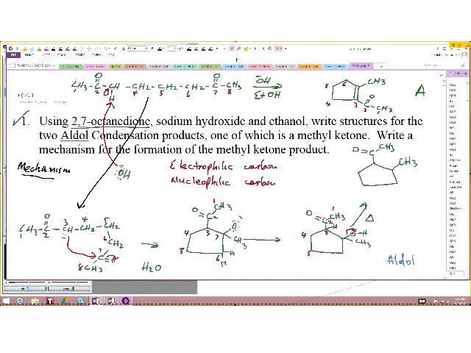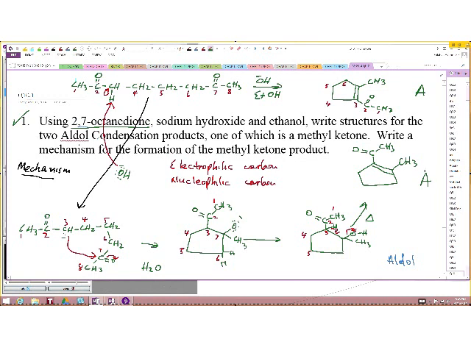Then we lose that, and then we have this here from the double bond here, and that would be your alpha. Okay, so that would be the mechanism for the production of A, and that is your A right here.